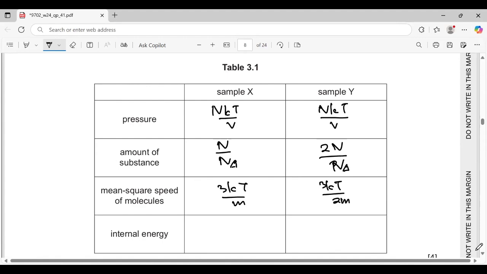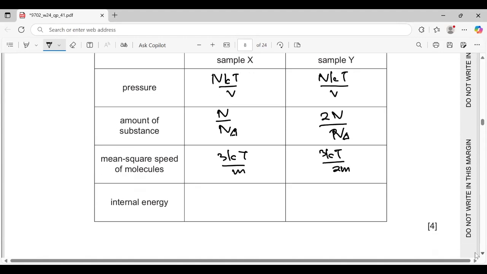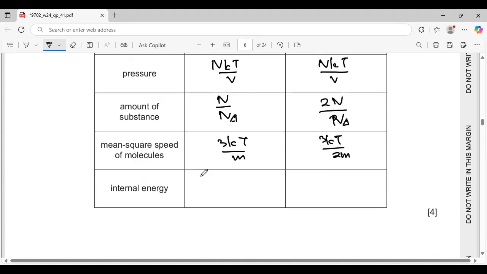And internal energy, sample X. Sample X has 3 halves NkT. Sample X has 3 degrees of freedom. So sample Y, this is actually from UX because of the degrees of freedom.